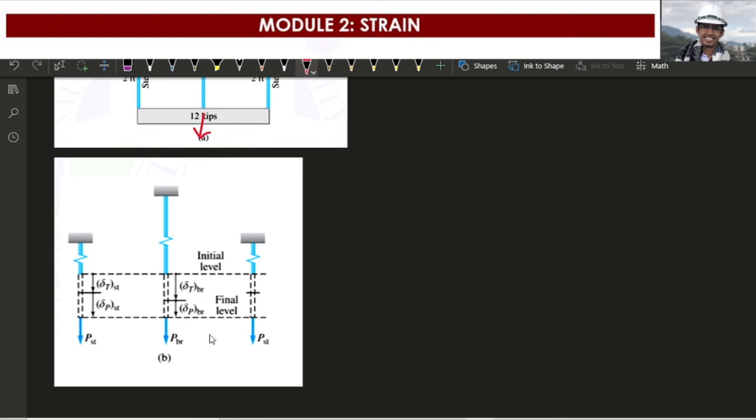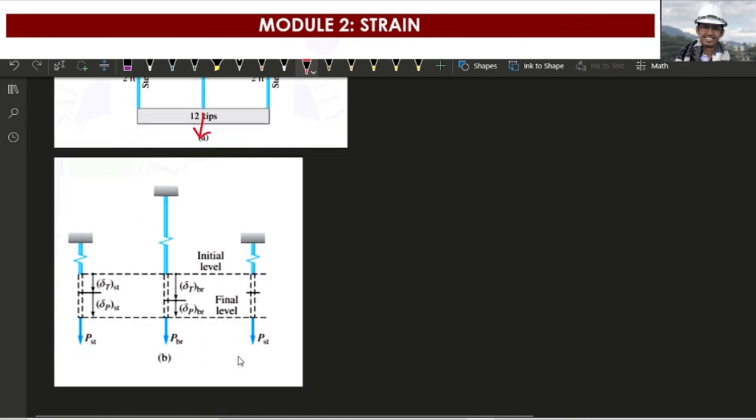So for compatibility, dapat same sila. Same level sila. Parehas yung elongation ng ating steel due to temperature, plus yung ating elongation due to the force. Okay?